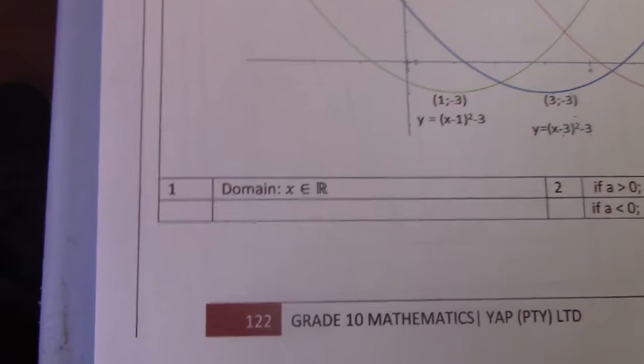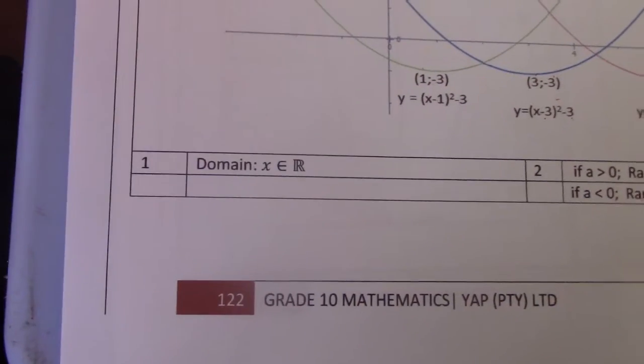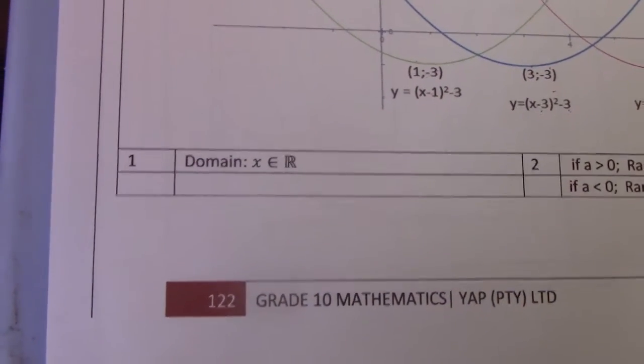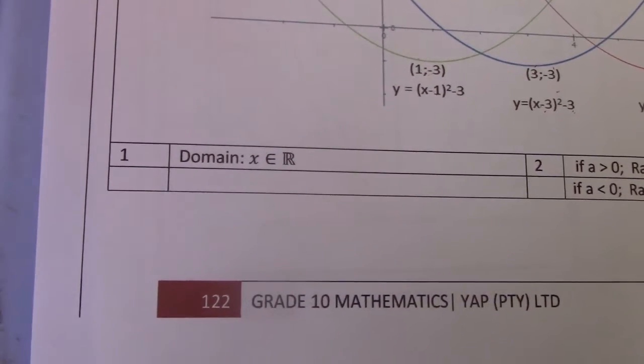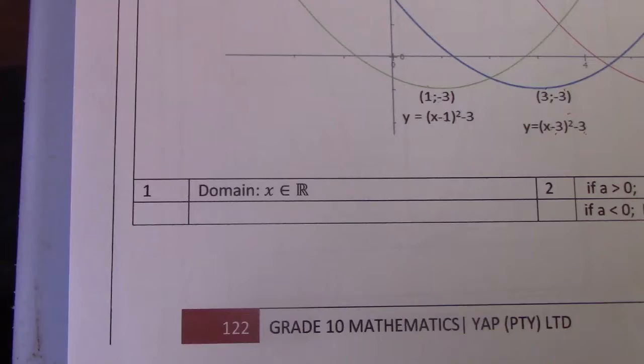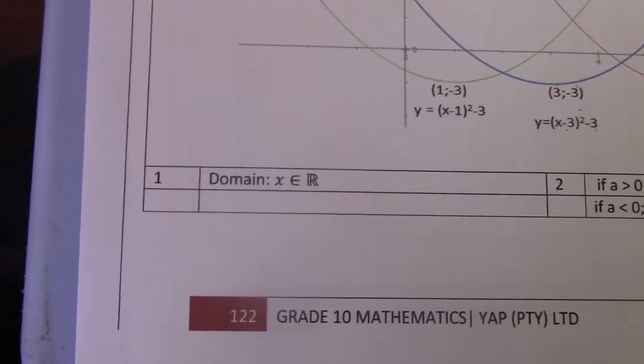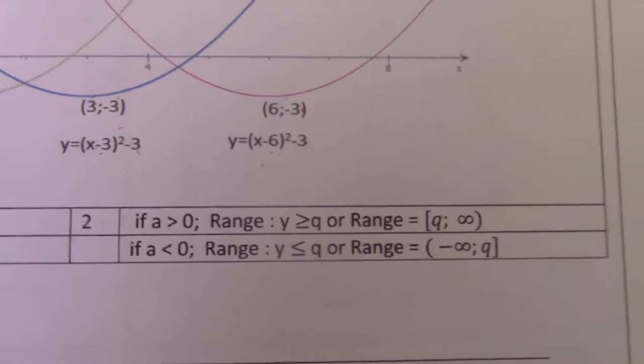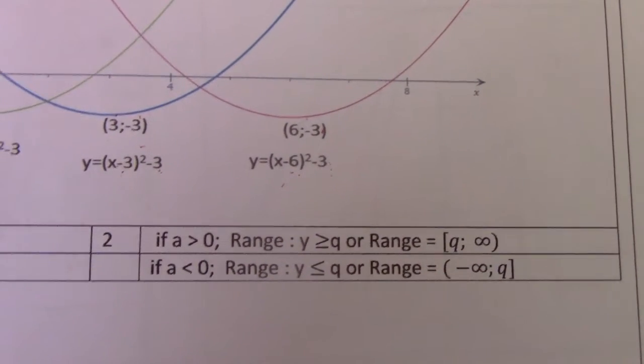Domain for a parabola will remain x is an element of the real numbers. If you get this question wrong in the exam, then seriously, I am worried. But I know you won't, because you are a successful person. Number 2, my range.